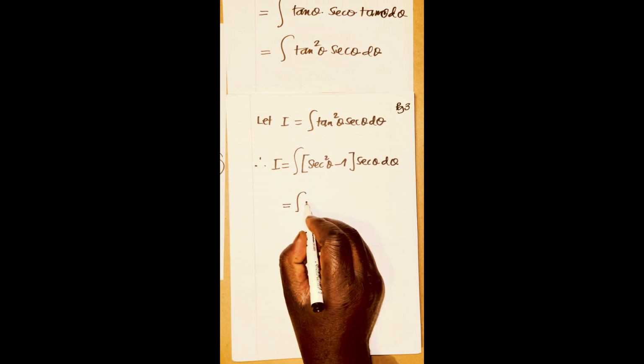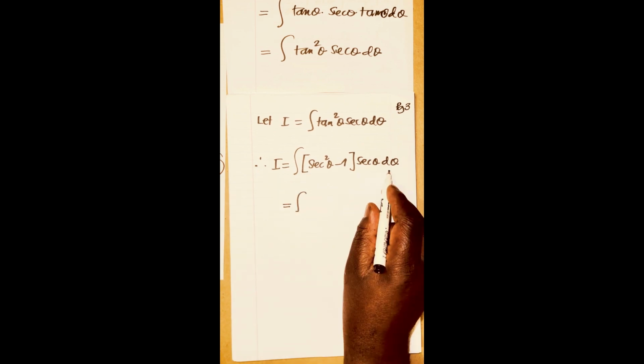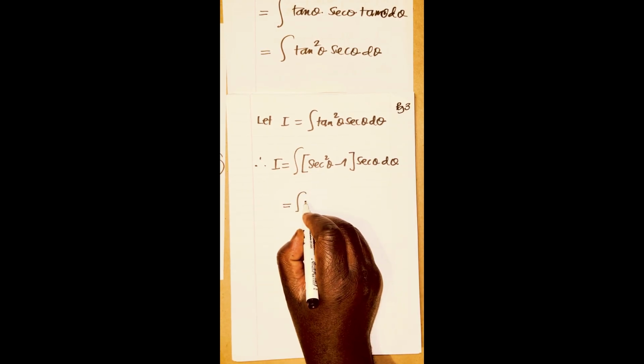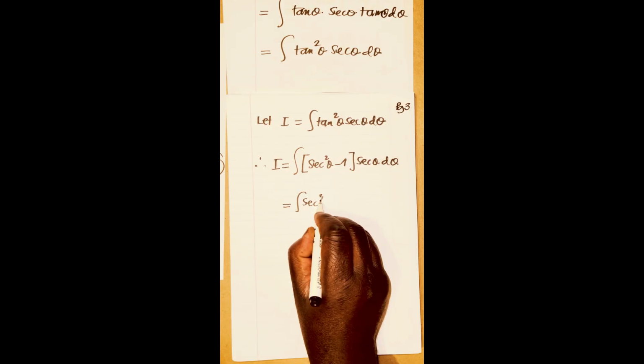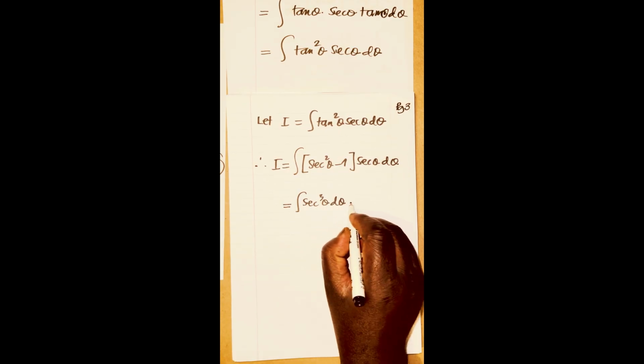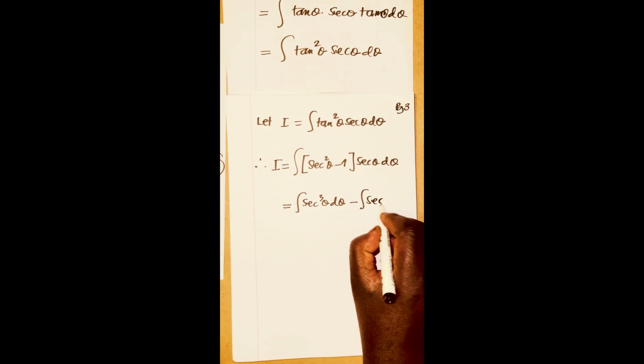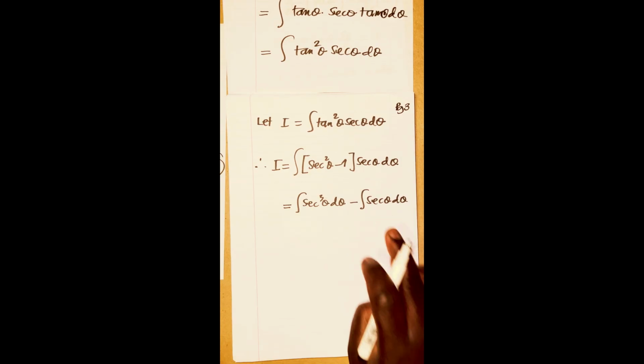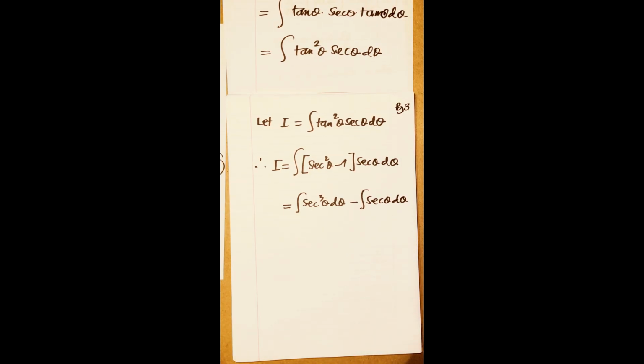Continuing, distributing sec theta and d theta throughout, we have the integral of sec cubed of theta d theta minus the integral of sec theta d theta. Now, you should recall by now that the integral of sec is just the natural log of sec plus tangent.